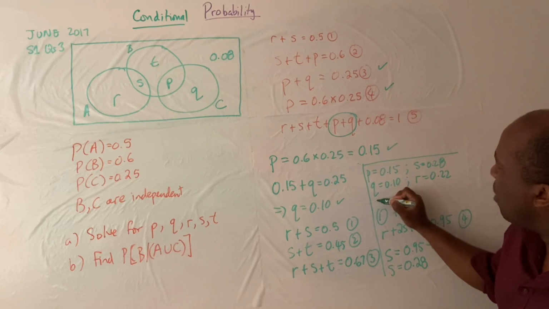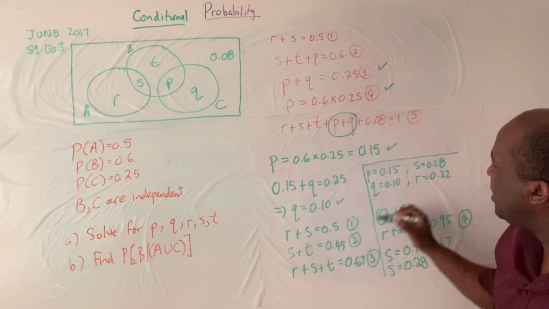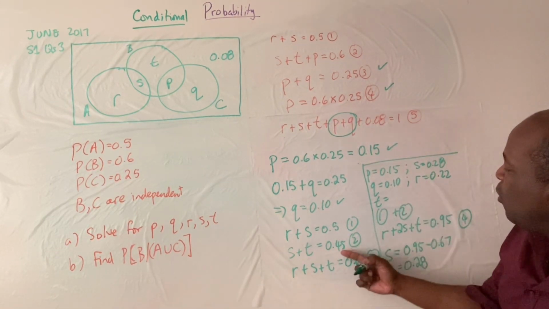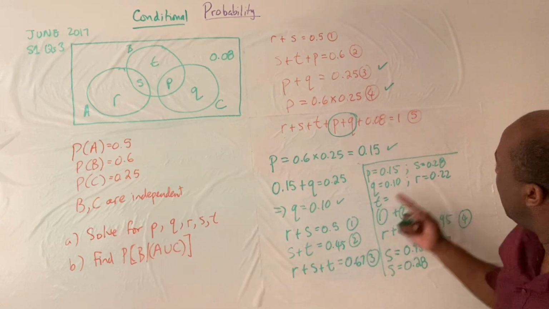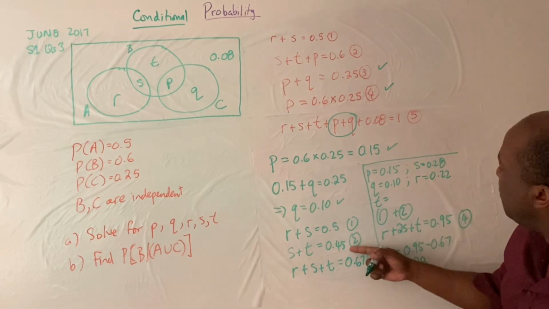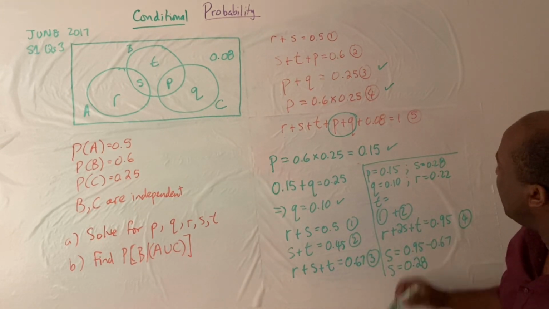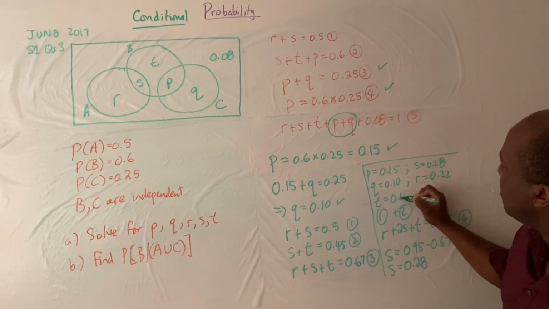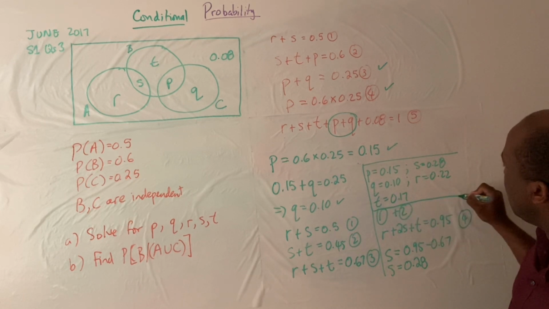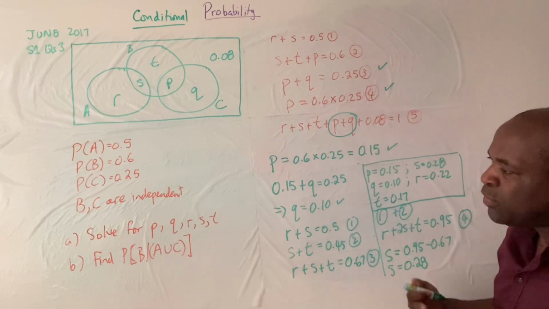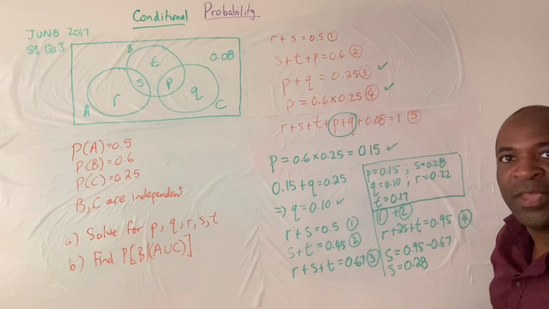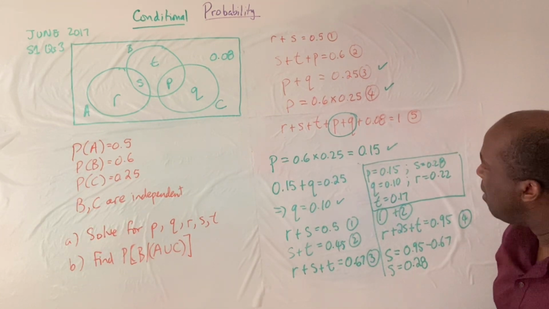And then once I know R, I will know T. So T will be 0.45 minus S. So 0.28 from 0.45, that would be 0.17. All right, so that should complete the part of solving for the individual values of R, S, T, P, and Q.